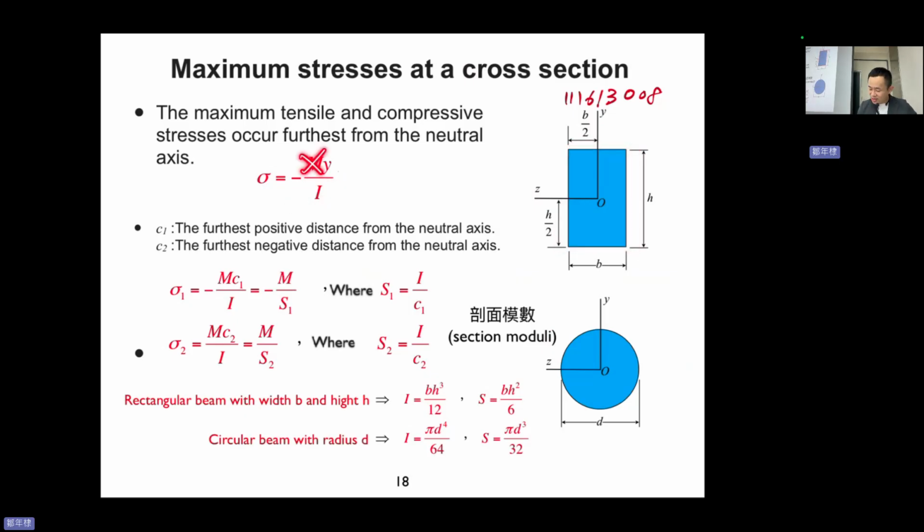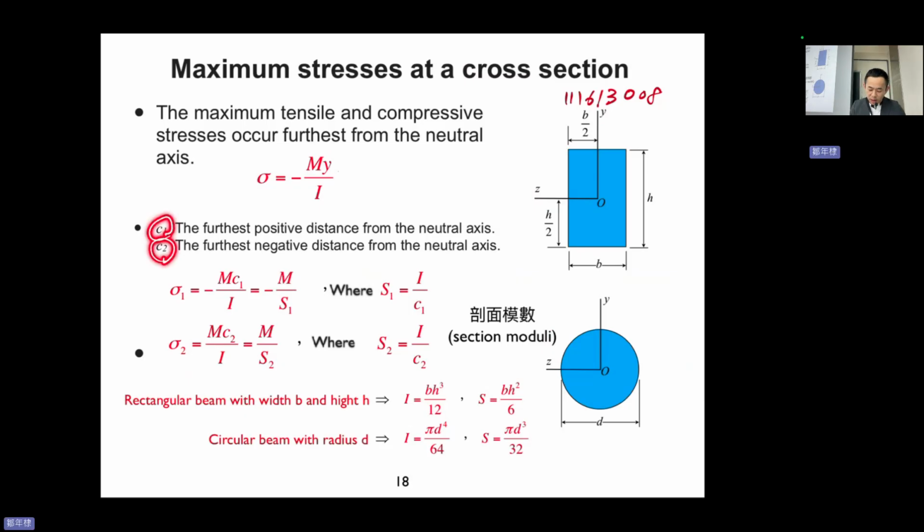The M is fixed because you have located the cross section you focus on. So the only thing you can change is y. So how can you make the sigma maximum? Of course, y maximum, right? So sigma 1 and sigma 2 mean the maximum tensile and maximum compressive.